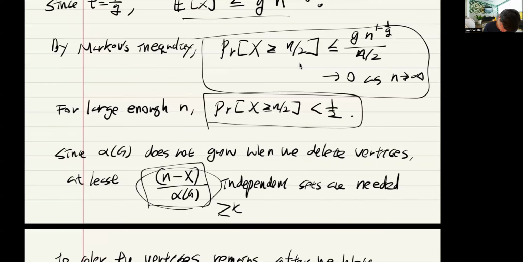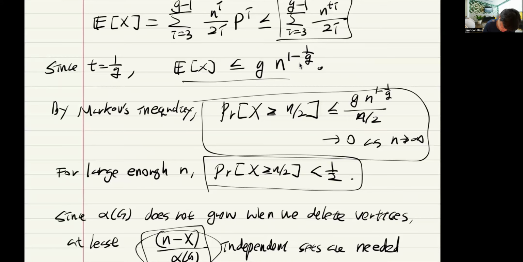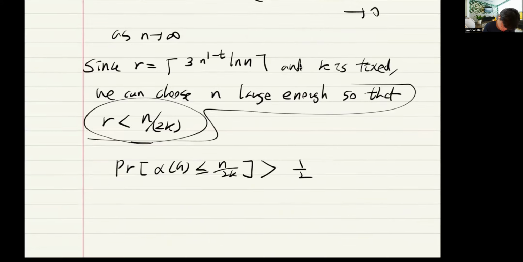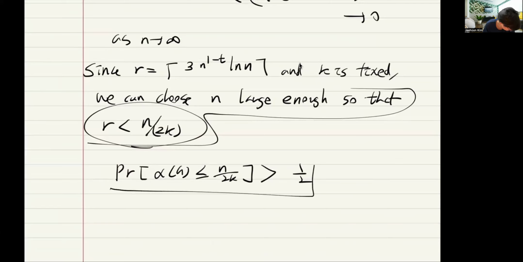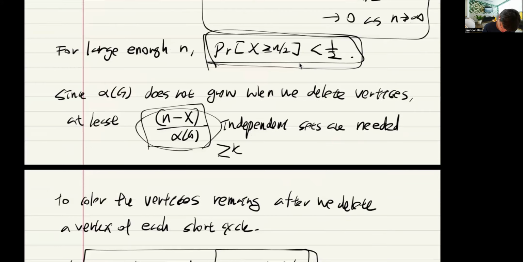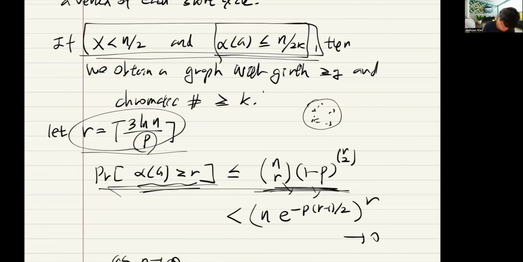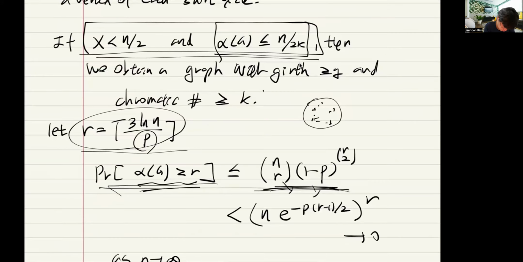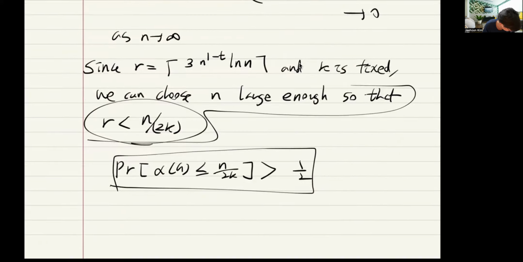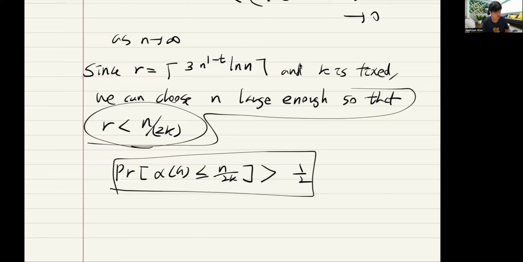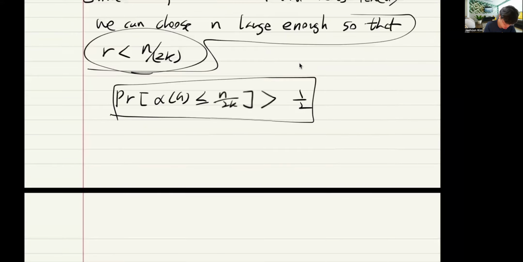Together with this and this, technically this is the probability that x is smaller than n over 2, which is bigger than half. So we showed that with positive probability, both of them hold, and that's exactly what we want to do.